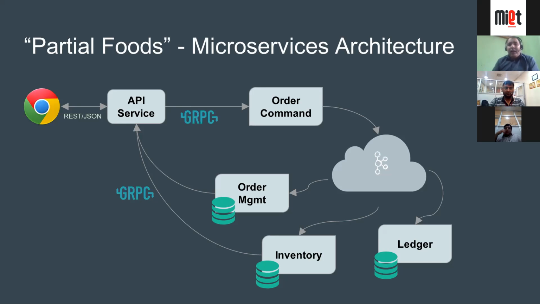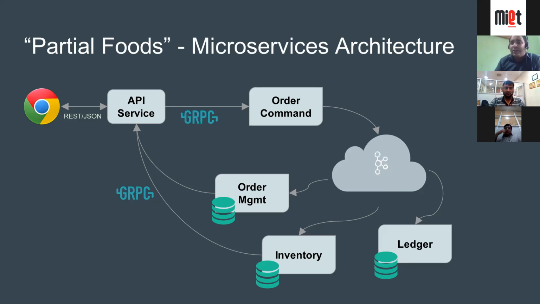So there are four services: order service, ledger service, inventory service, and order management. Whenever I am trying to call an API service, which is Zomato, in the background there are four services running in parallel, communicating with each other, and placing their data into the cloud.